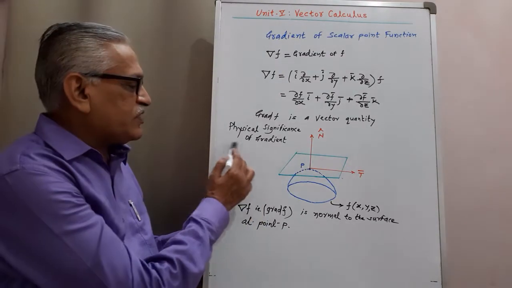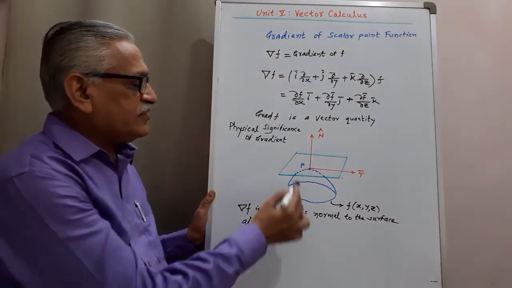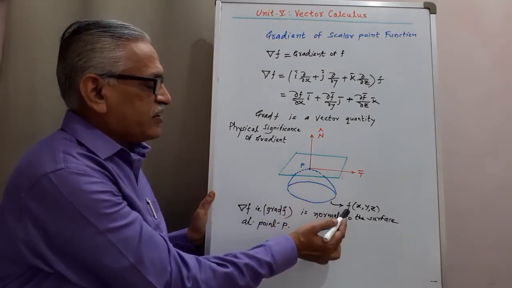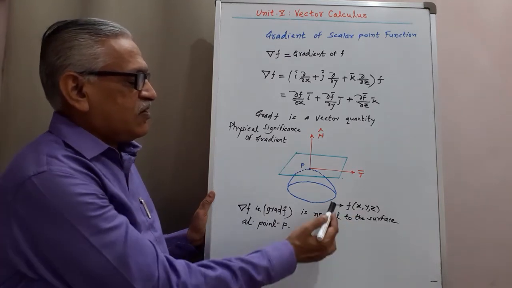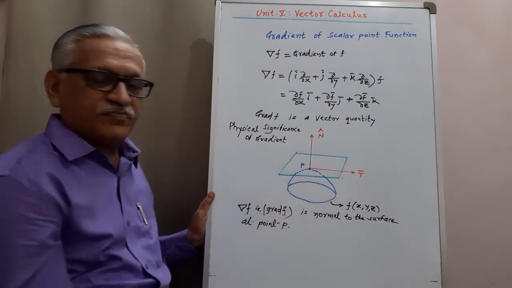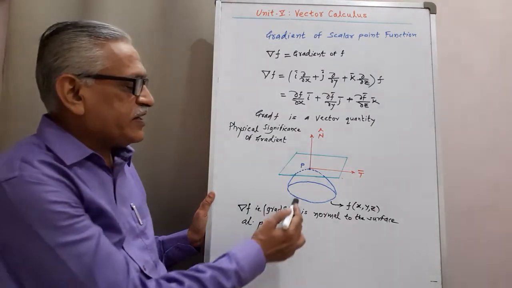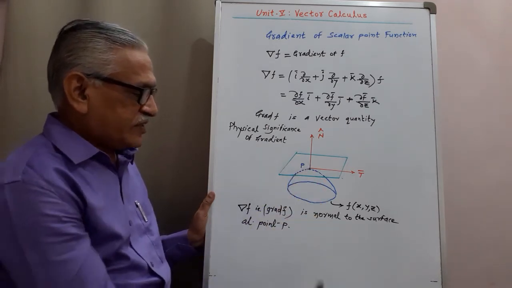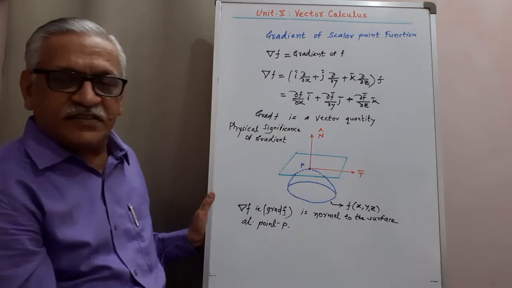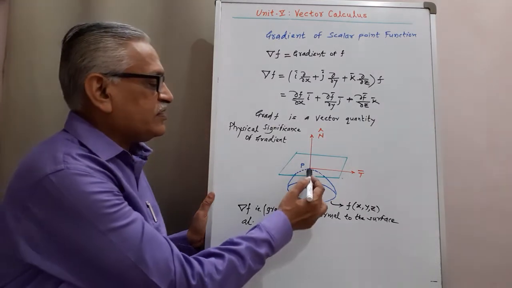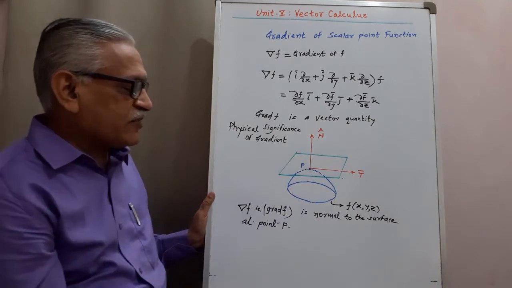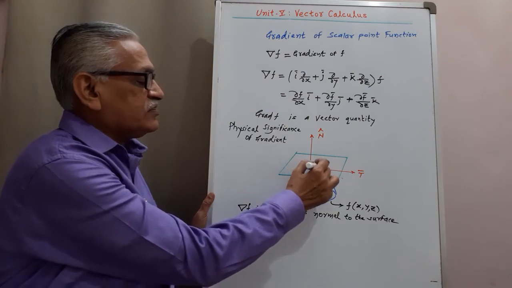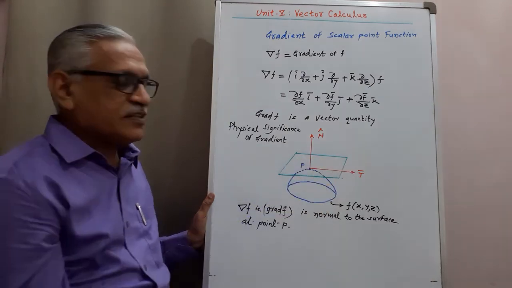Then physical significance of gradient. For that, draw this figure. In this figure, this surface represents that scalar point function f of x, y, z. At point P, we have a tangent to the surface. Therefore, PT is the tangent at point P, and a vector which is perpendicular to this tangent is a normal vector.